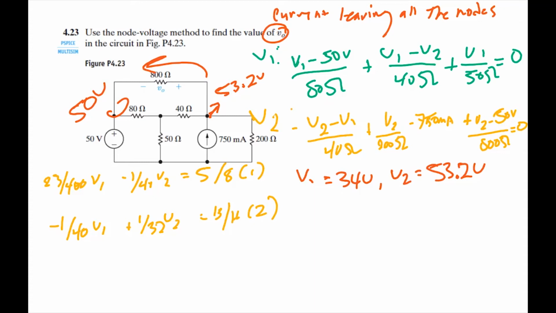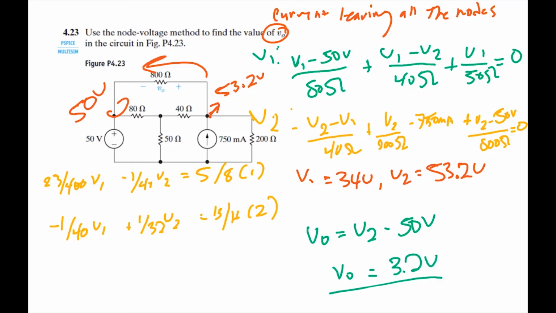We know that the voltage difference is all that voltage that was dissipated, or the voltage drop across that 800 ohm resistor. So V0 is going to equal V2 minus those 50 volts. So the voltage drop at V0 is just 3.2 volts, and that's the answer.